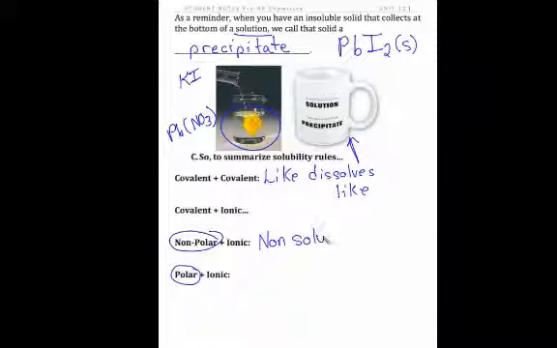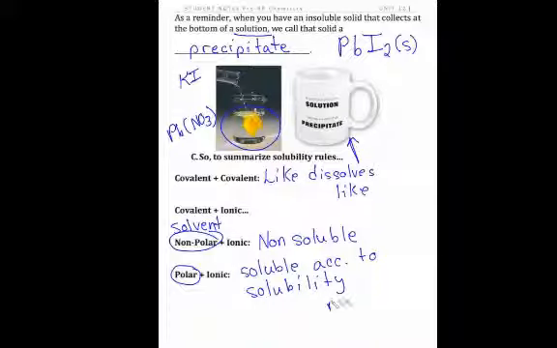Ionic is not soluble in a nonpolar solvent, so this would be the solvent. It is soluble in a polar solvent according to your solubility rules. And it really comes down to energetics. We're just going to give you those solubility rules and teach you to read those solubility rules.